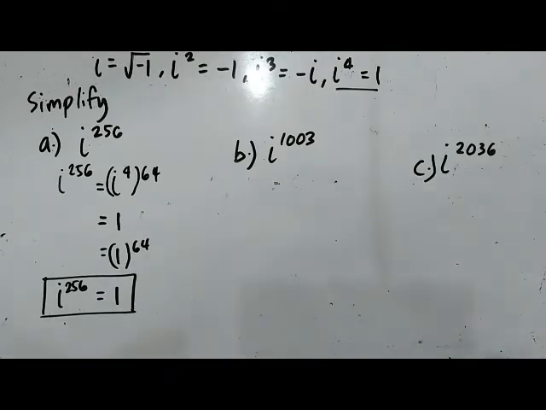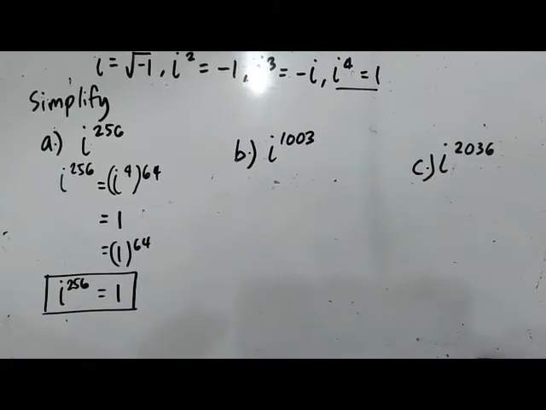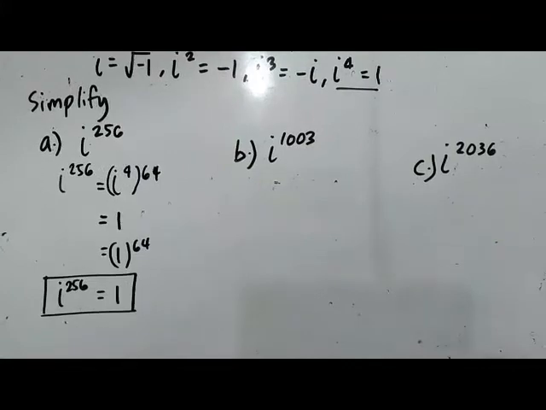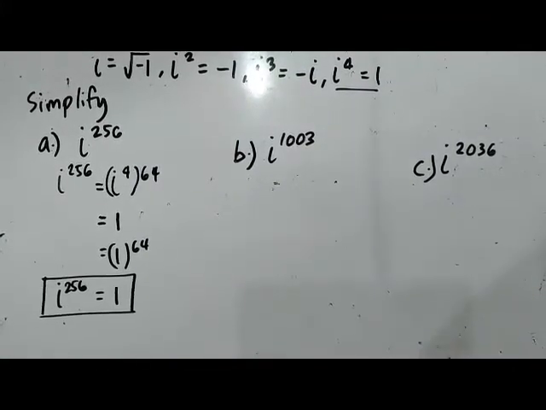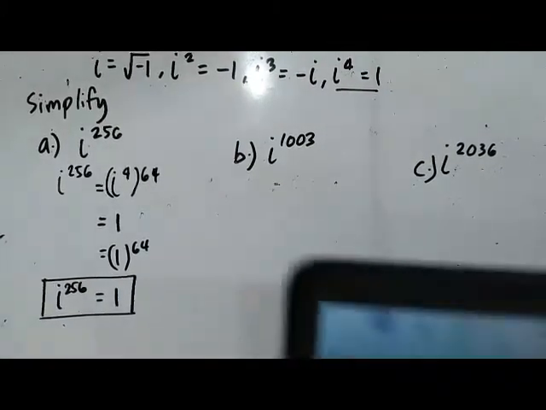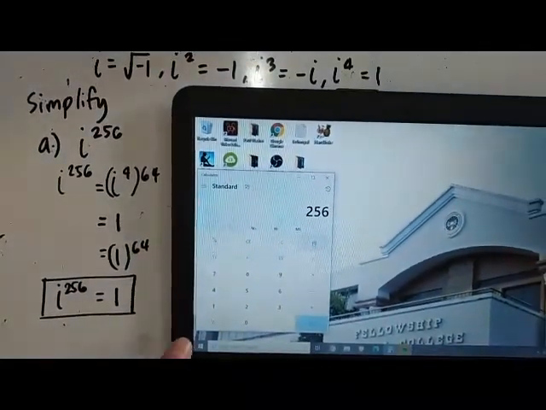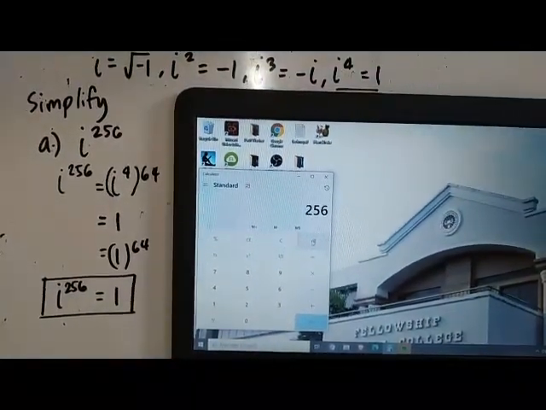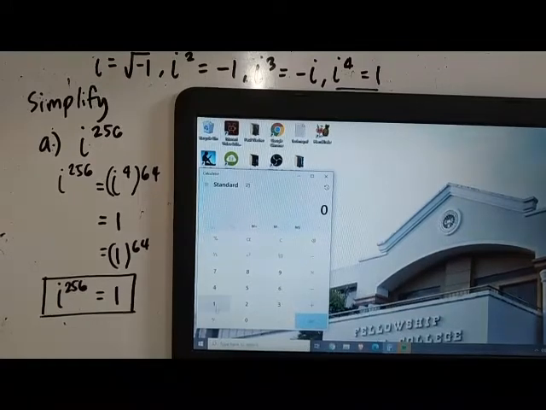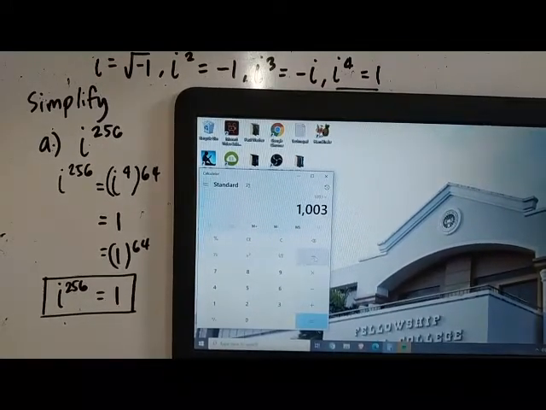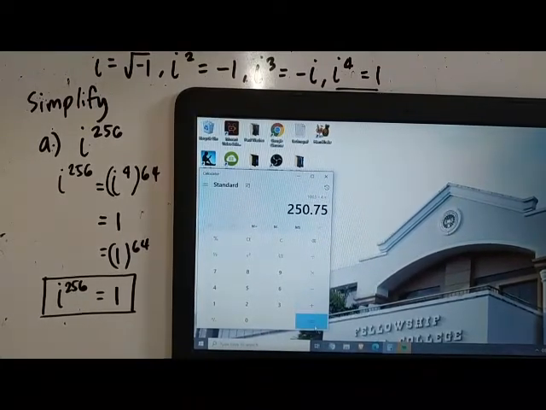Okay. Second, I to the power of 1003. Same lang tapos na solusyon. So, ang first natong himuon is ang 1003 i-divide naton sa 4. Among ang first step, i-divide sa 4. 250.75.